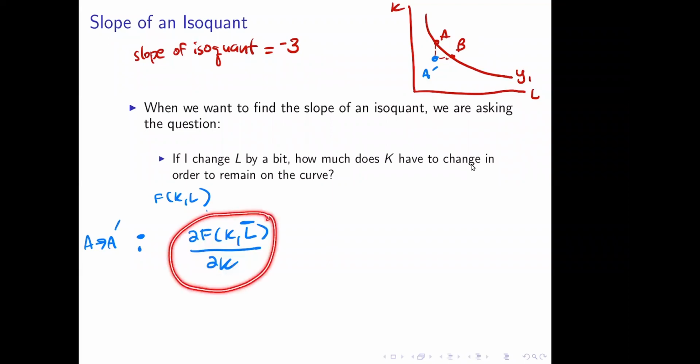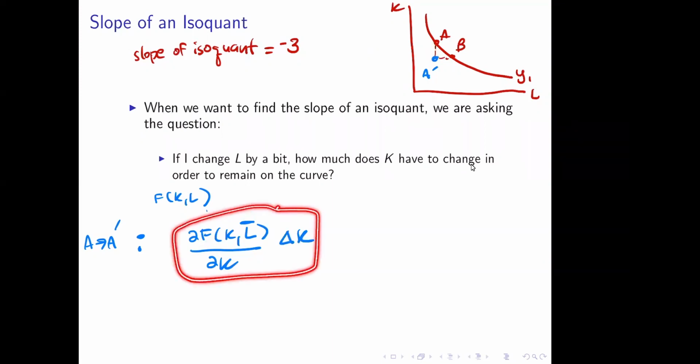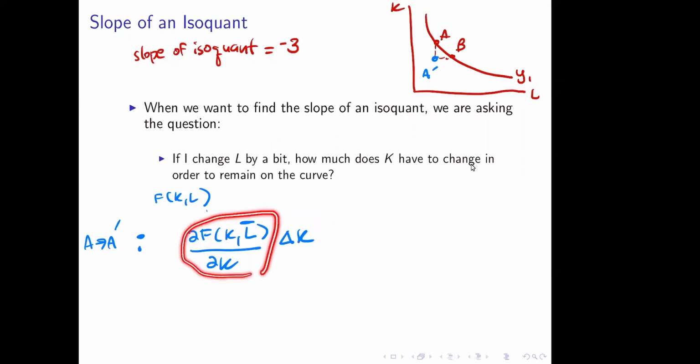So if you decrease K by this many units, then the total change in Y as a result of the change in capital would be equal to this. This is the change in Y when K changes by 1 unit.